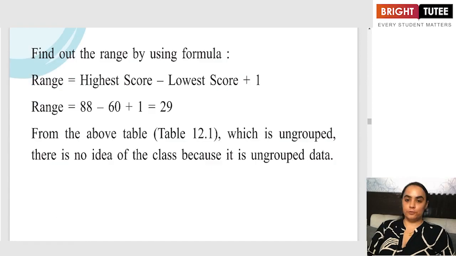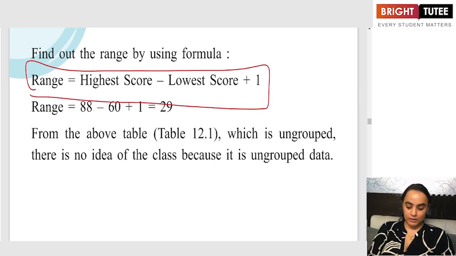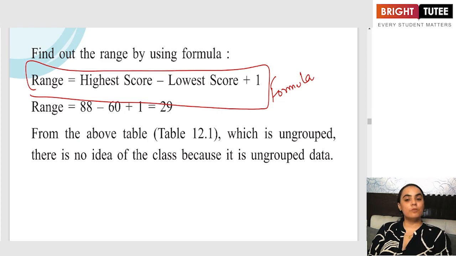Now we have to first calculate. Whenever a table is given to you, you have to calculate the range. What is the range? The highest score minus the lowest score plus 1. This is the formula for calculating the range, and we are going to calculate the range only in case of a table.